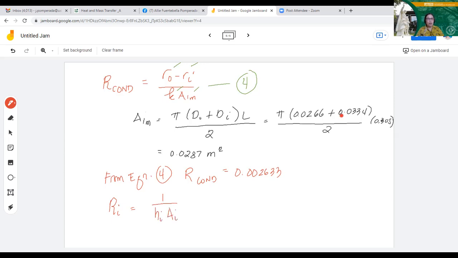The h sub i was already given in the problem, rather, it was solved a while ago in letter A. So we can determine now the A sub i. Let's have this as our equation 5. If we solve for A sub i, I'll just place it in here.